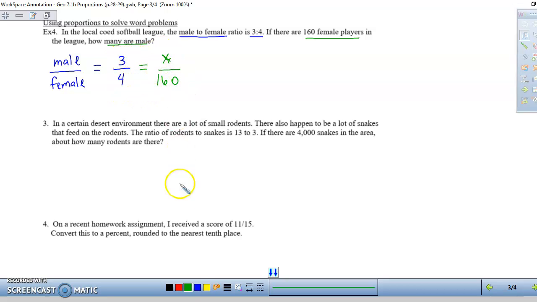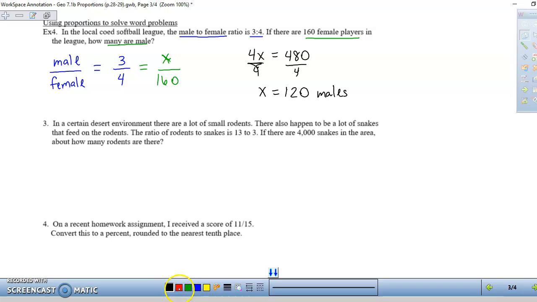You can just cross multiply. So you would get 4x is equal to, and you can use a calculator, but I believe that is 480. Divide by 4. And then x is equal to 120. Again, you can use a calculator, and that stands for males.